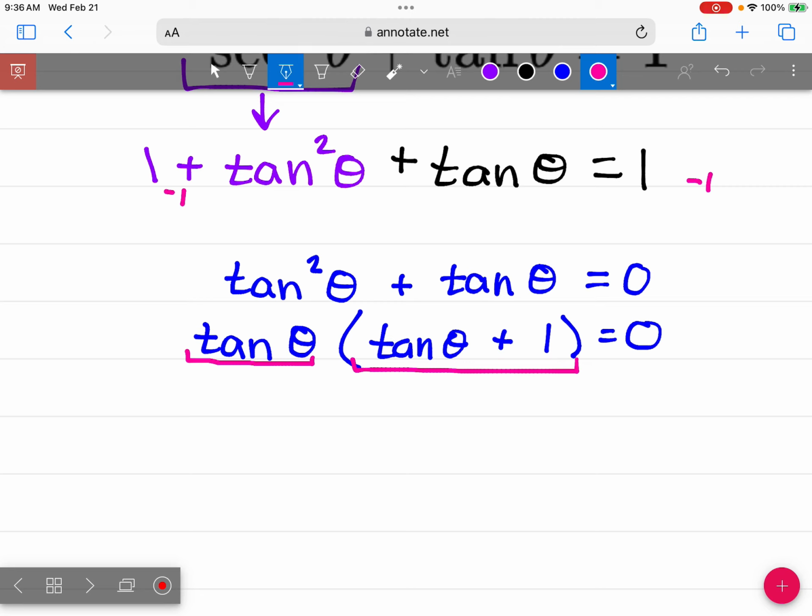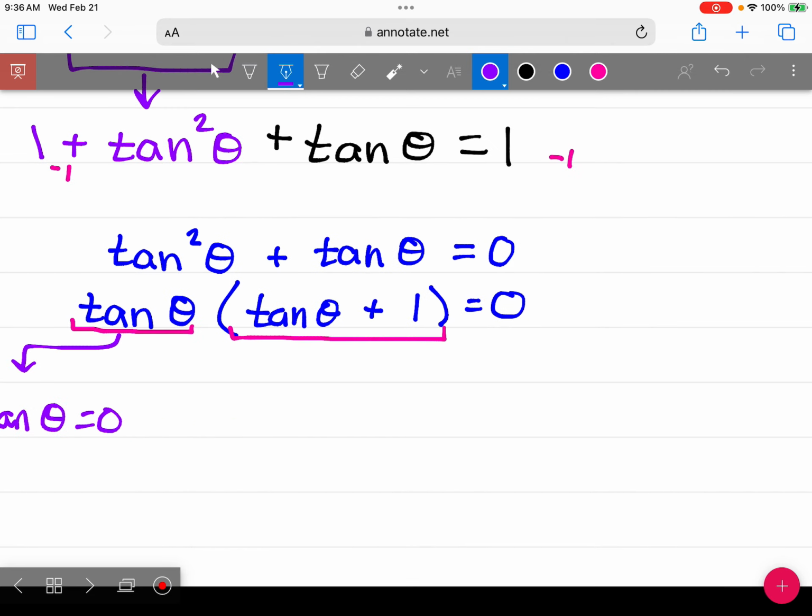So just like back in the days of quadratics, way back in the day, where we take each factor and set them equal to 0, it's 100% exactly what we're going to do. We're going to say, all right, when does tangent of theta equal 0?